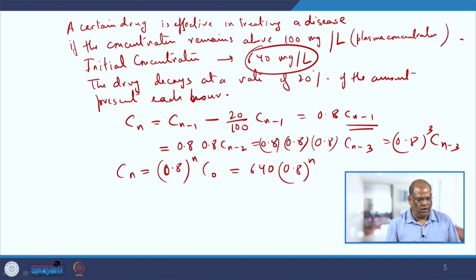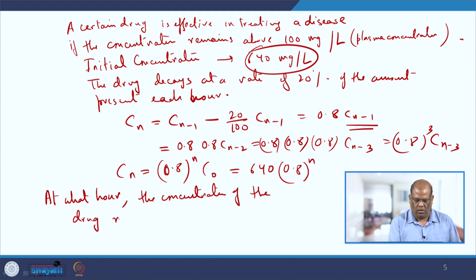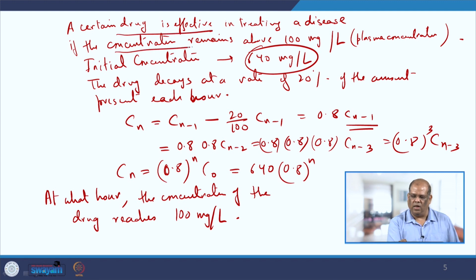So, the question we pose here is at what hour the concentration of the drug reaches 100 mg per L. Please note the problem says that the drug is effective if the concentration of the drug remains above 100 mg per L. So, we want to find in how many hours the concentration of the drug will reach 100, provided it follows this particular model.